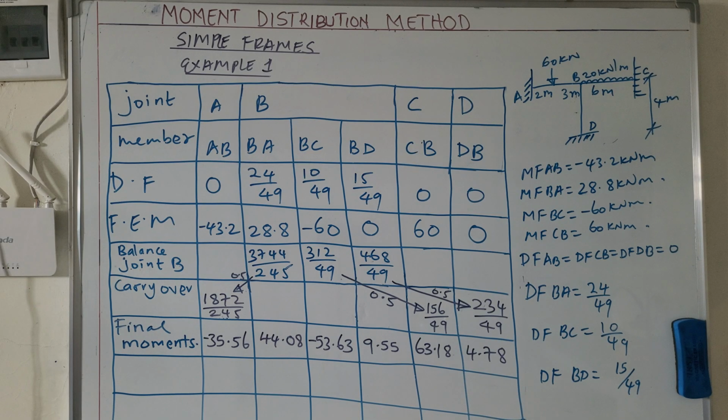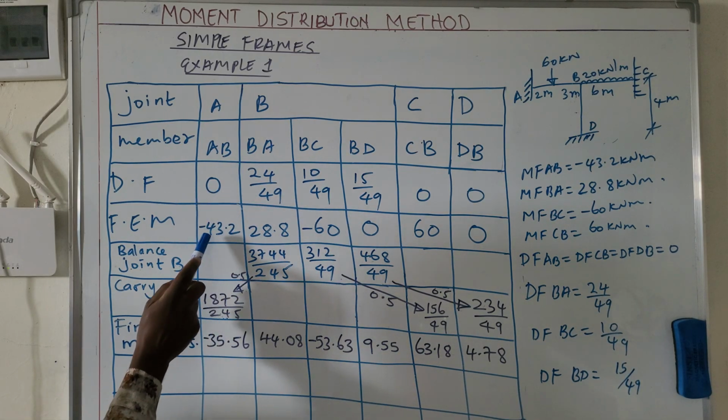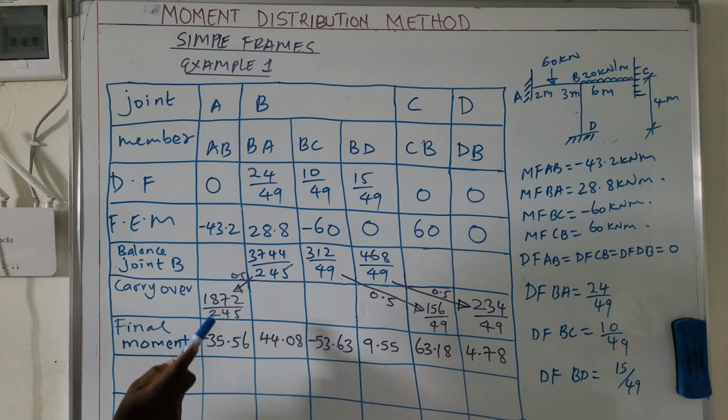So the next thing is to find the final moment. So the final moment, you will add from here, from fixed end moment, you take this, add this, get this, the final answer.